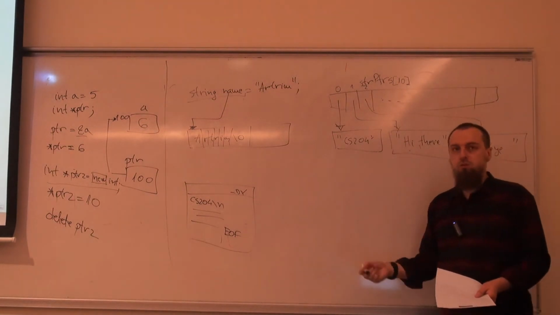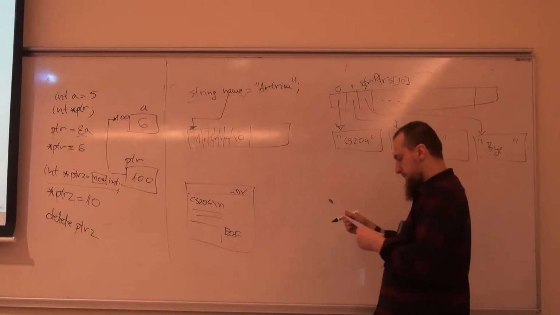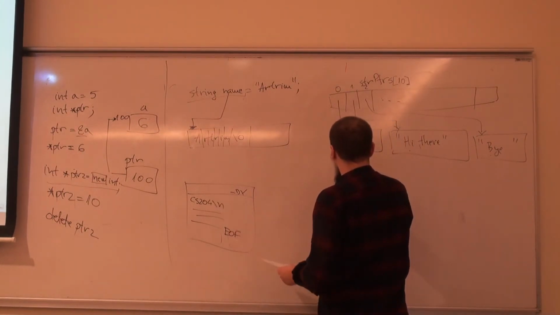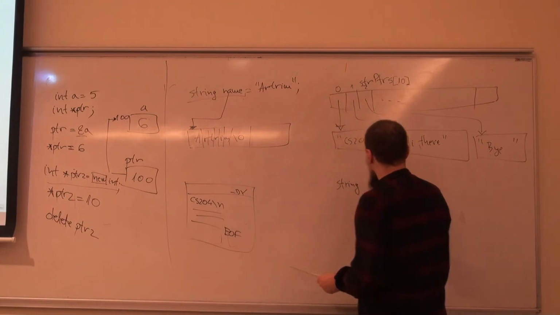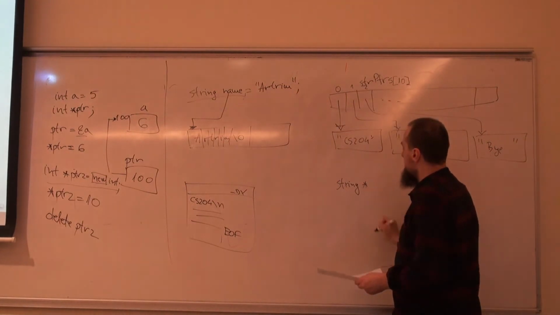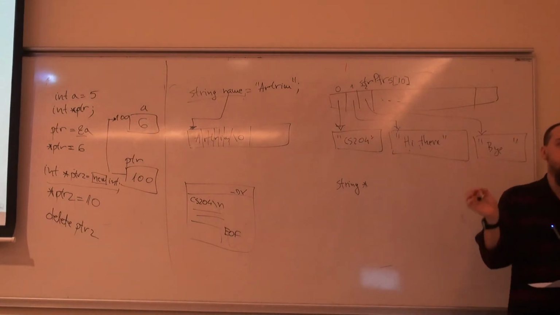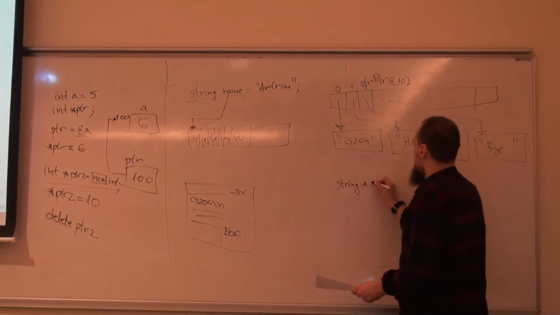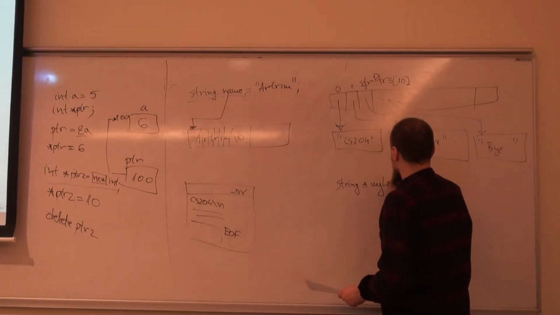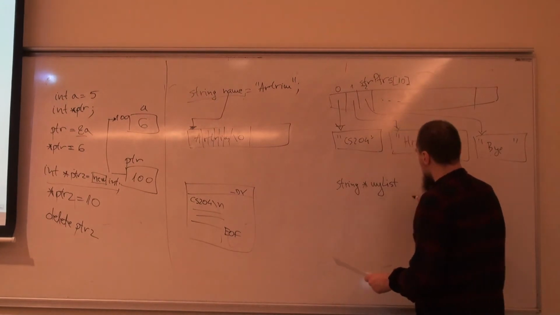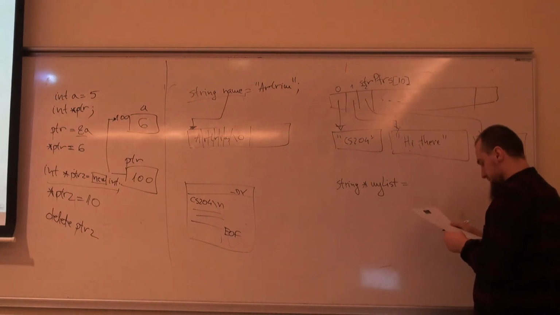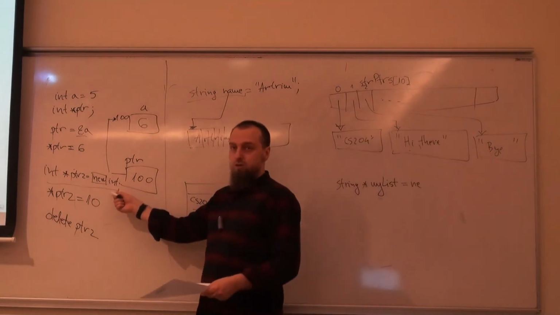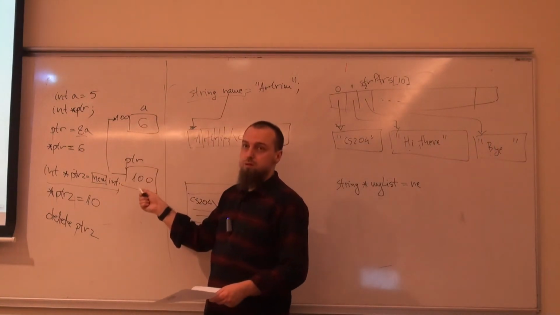And the syntax to do this is the following. I'm going to use the name that is used in the example: string star. Basically, this is a pointer to a pointer. My list is equal to new string. You remember the new integer, only one integer was created.